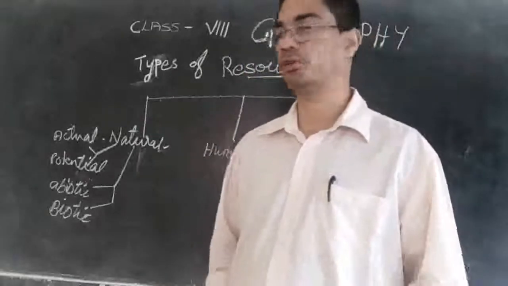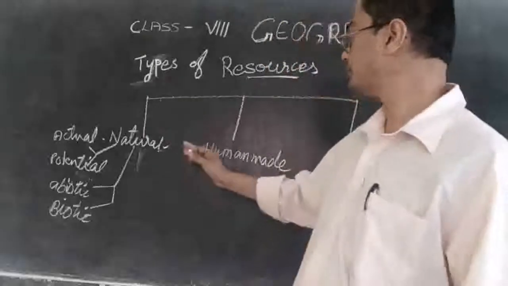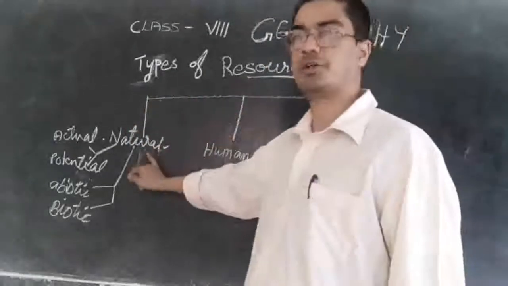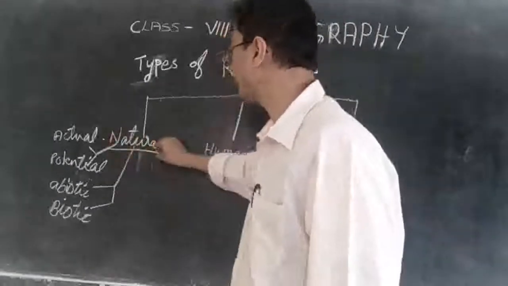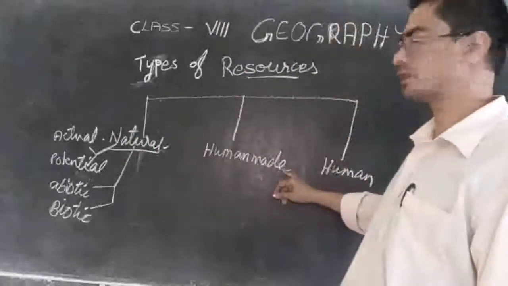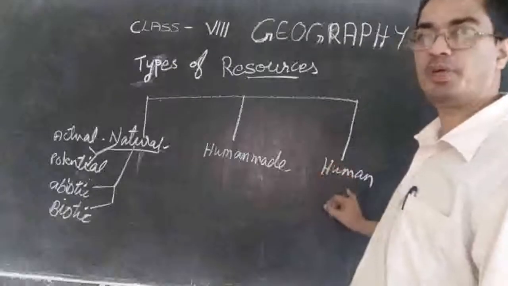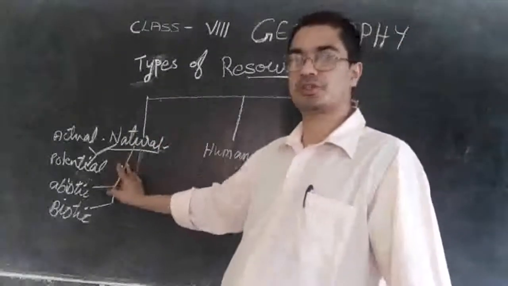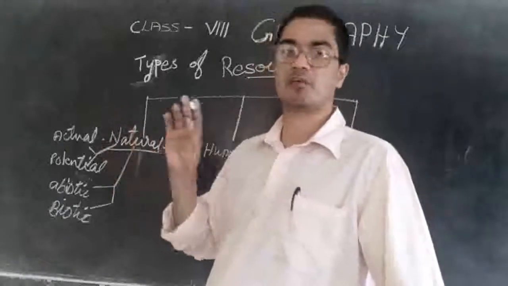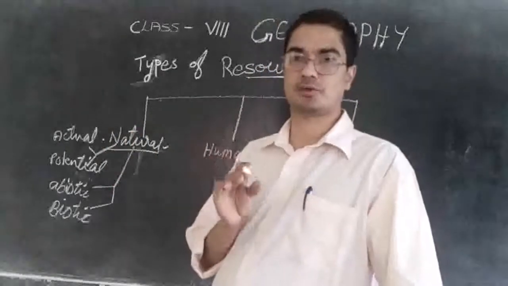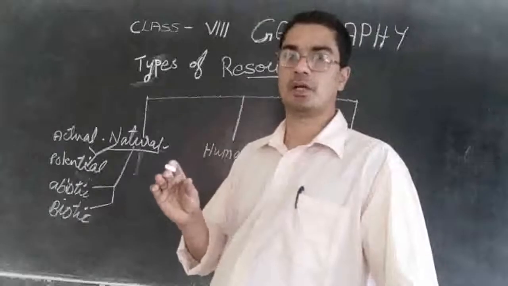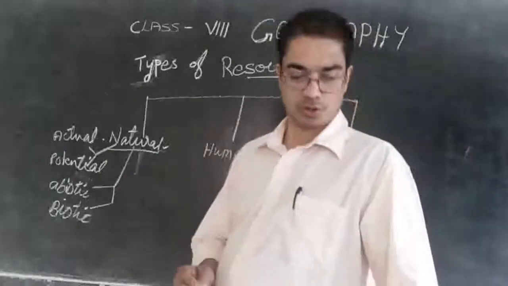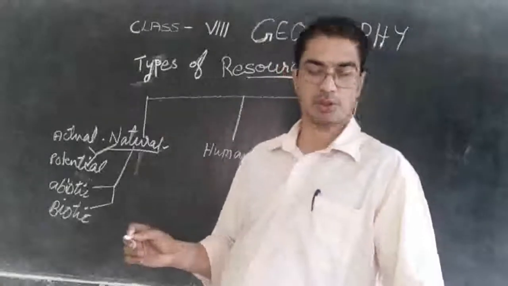So we shall wind up for today. Remember, resources are divided into three: natural resources, human-made resources, and human beings themselves. Now we are especially studying natural resources, and natural resources can be divided into different groups based on different ideas or processes.